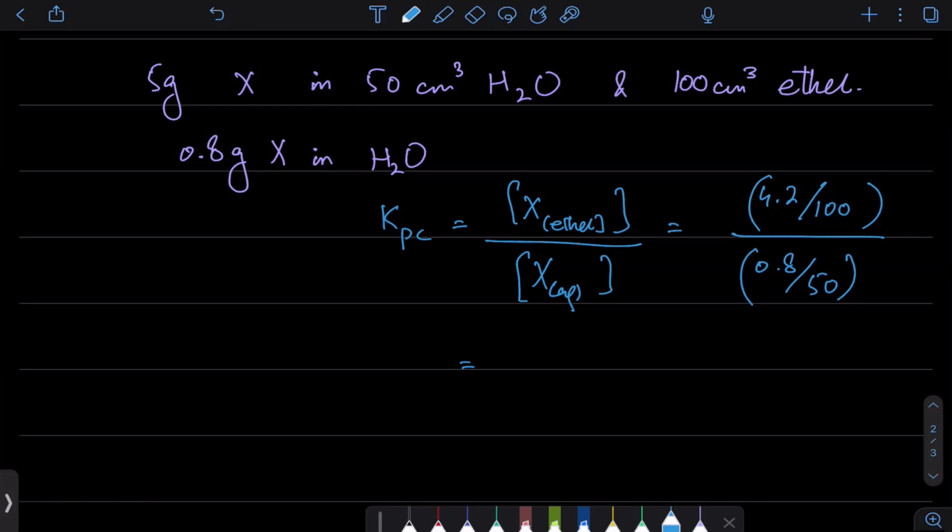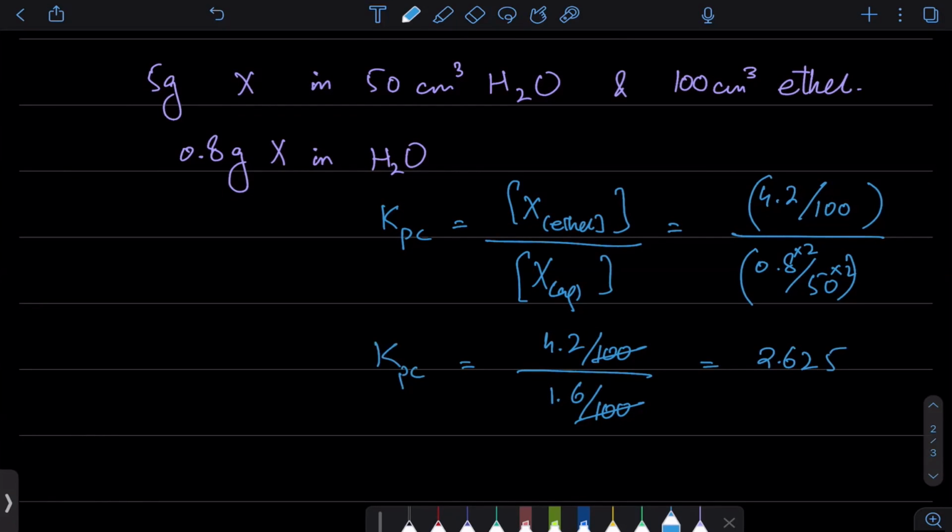One interesting way of solving this would be to make the denominator the same instead of putting it all in the calculator right away. What will I multiply at the bottom with to get 100? I'll just double this and this. It's a number, it won't make a difference. So I'm ending up with 4.2 over 100 over 1.6 over 100. This 100 cancels out and I'm left with 4.2 over 1.6, which is 2.625. So that is my constant.